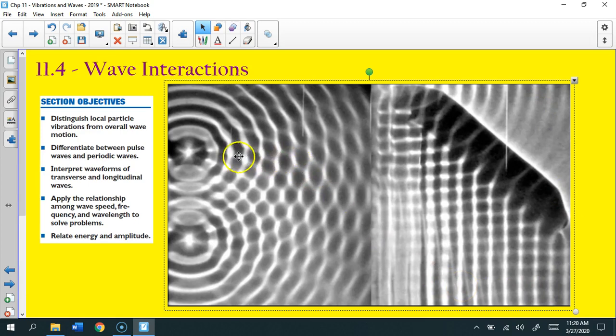Next, what we're looking at is there is a device that is causing ripples on two parts of that sheet of water. The first one is right over here, and the second one is right over here, right?